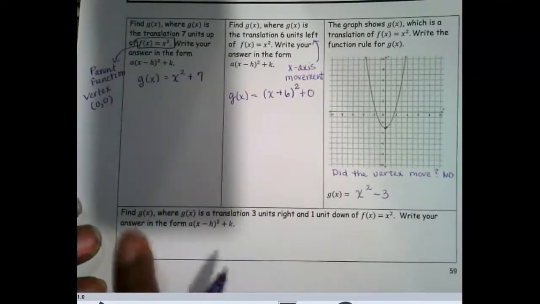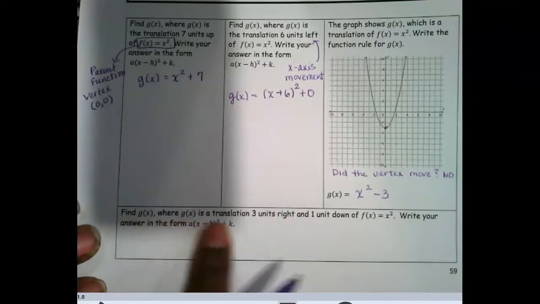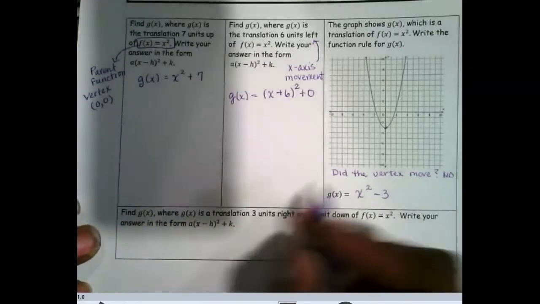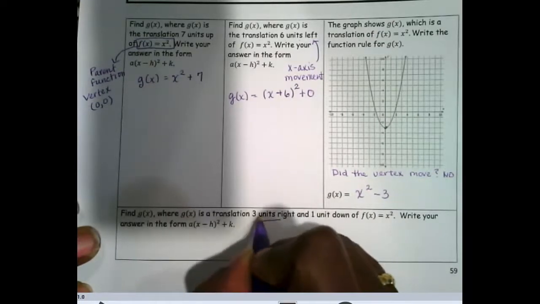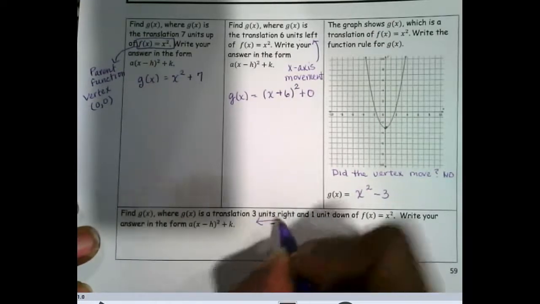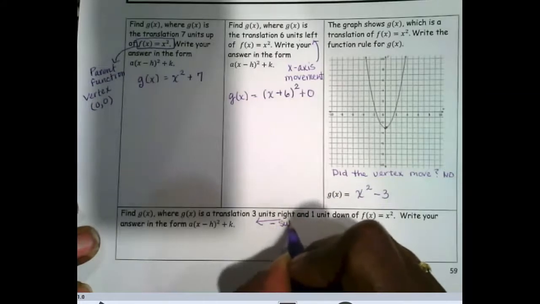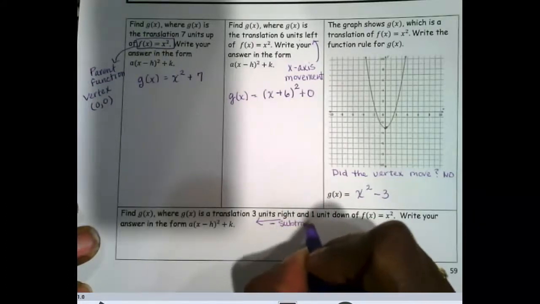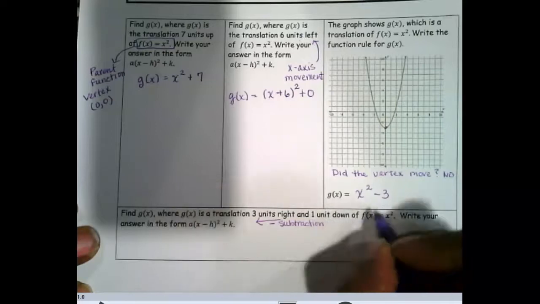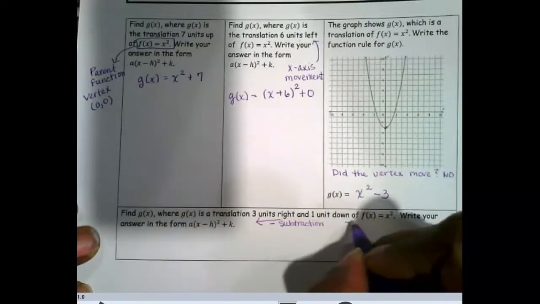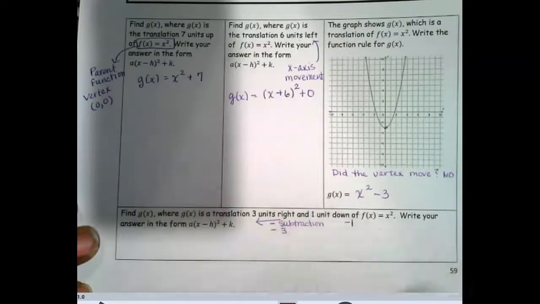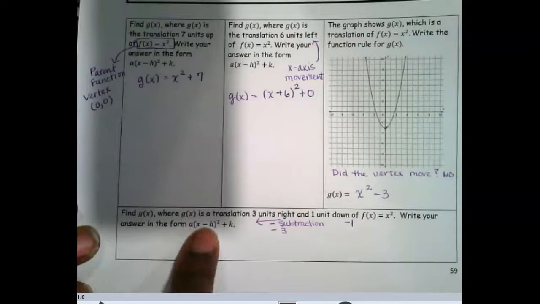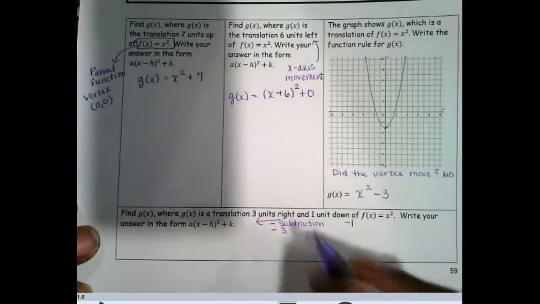Now this one says find g of x, where g of x is a translation 3 units right. So what I know is I'm going to write it as a negative or subtraction, right? And it says 1 unit down, so that's minus 1. Write your answer in the form a times x minus h squared plus k.